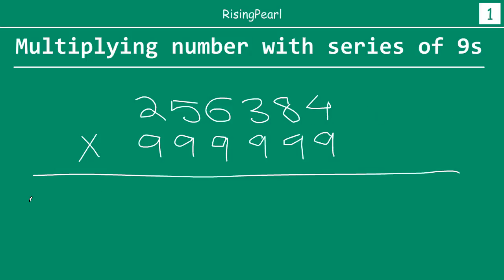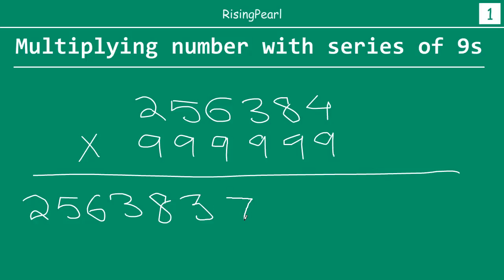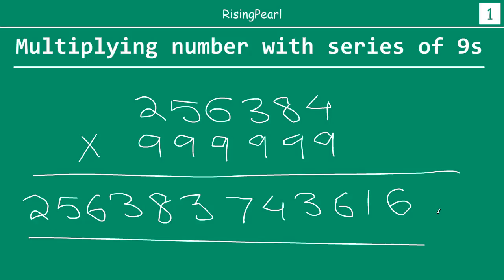So if I were to tell you this will be 2, 5, 6, 3, 8, 3, 7, 4, 3, 6, 1, 6. Wouldn't that be amazing? Absolutely, it would be fantastic.